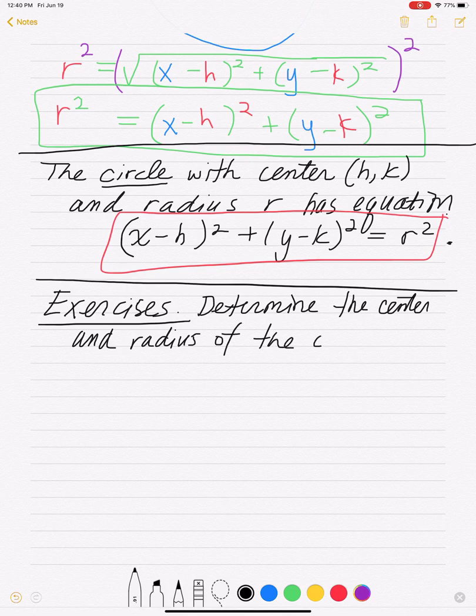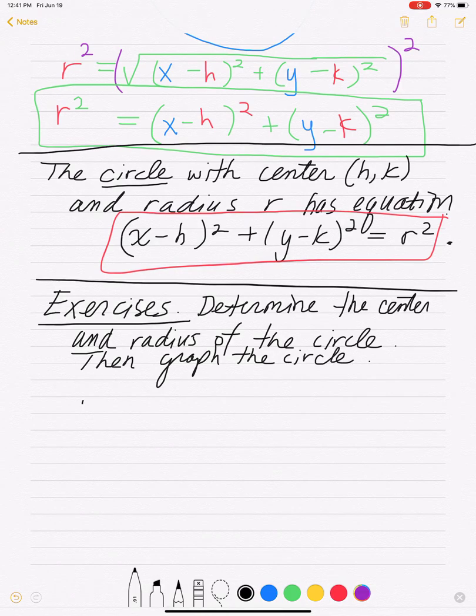So I'm going to give you an equation of a circle. You got to find its center and radius. And after you do that, then graph the circle. Graph it in the Cartesian coordinate plane, the two-dimensional plane. All right, here we go.